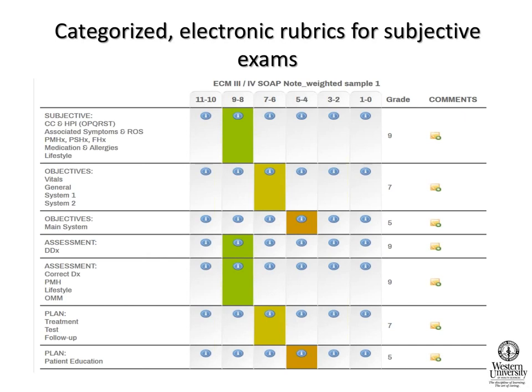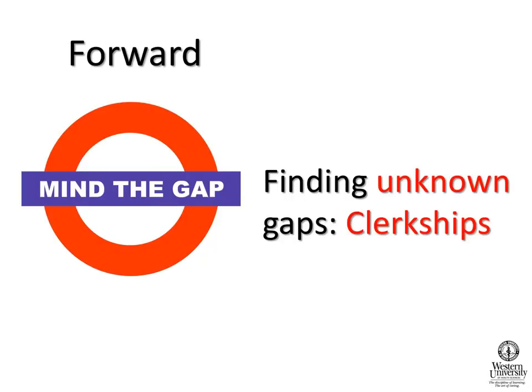Part of the disconnect is that we didn't have a proper way of assessing subjective exams, like poster presentations, essays, and clinical exercises. But since the implementation of rubrics, we've been able to grade those subjective exercises using the same category themes that we use in our objective exams. And so that is how we're beginning to mine those gaps.